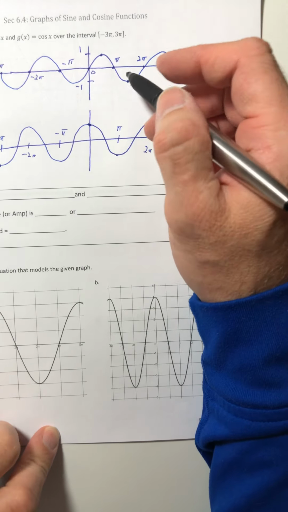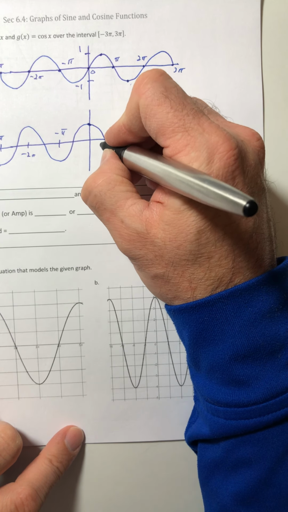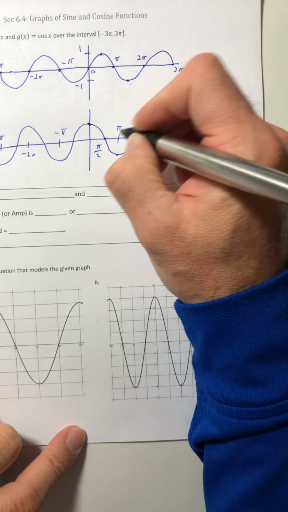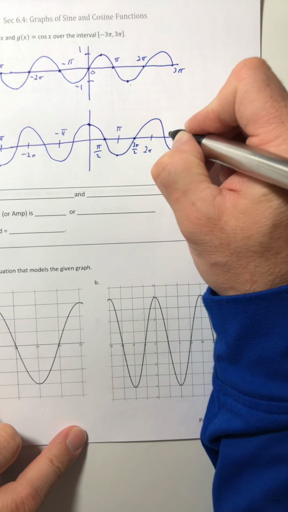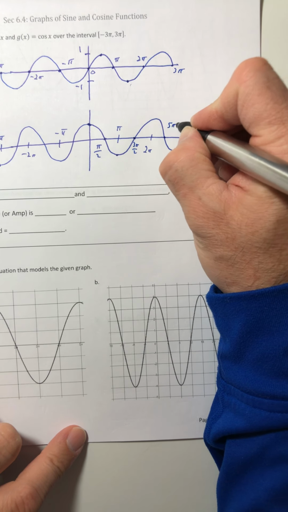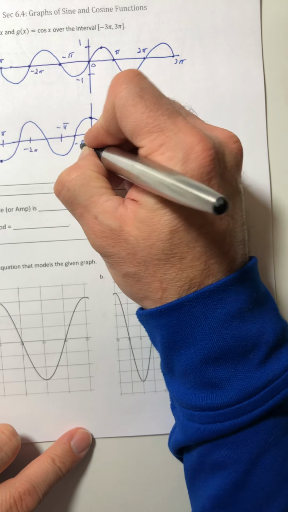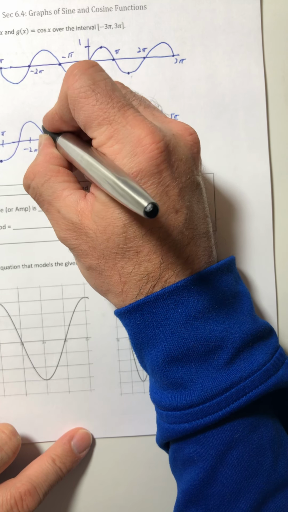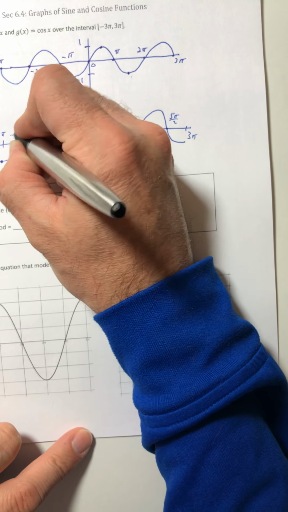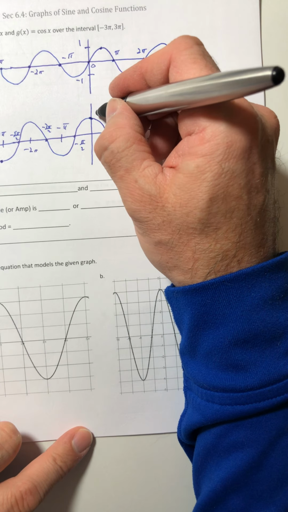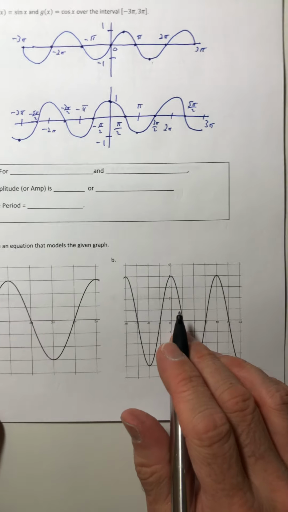So the intercepts are actually going to be the pi over 2s and 3 pi over 2s and so on and so forth. And the same thing over here. And just like sine, cosine bounces in between 1 and -1 typically.